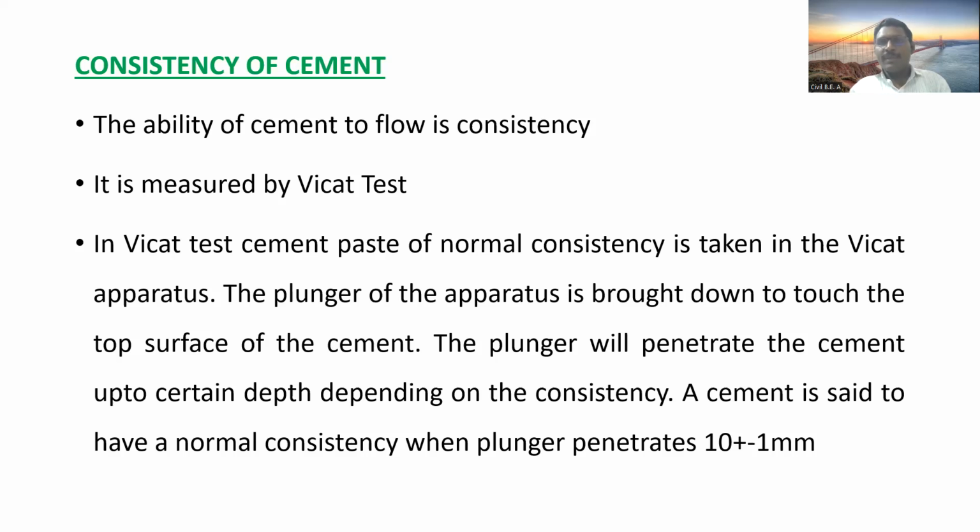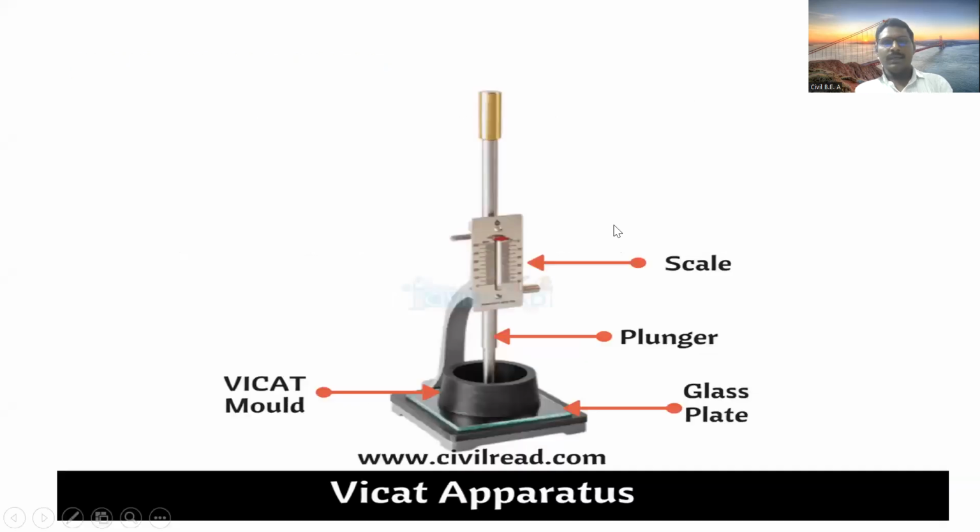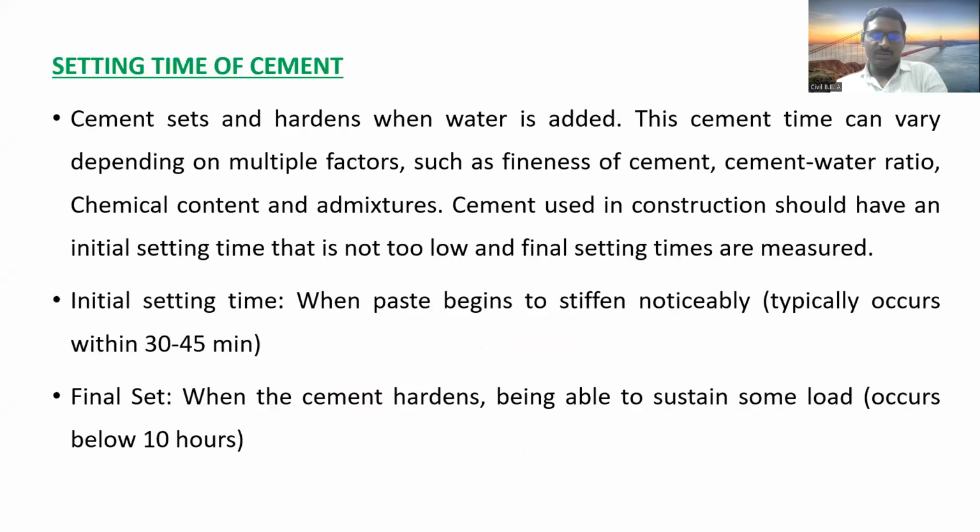Consistency means if we make the cement paste, whether it is flowable or not. There is a percentage of consistency of that particular cement that we can calculate by using this Vicat apparatus. So this is the particular Vicat apparatus, and by using it we can find the consistency of cement.